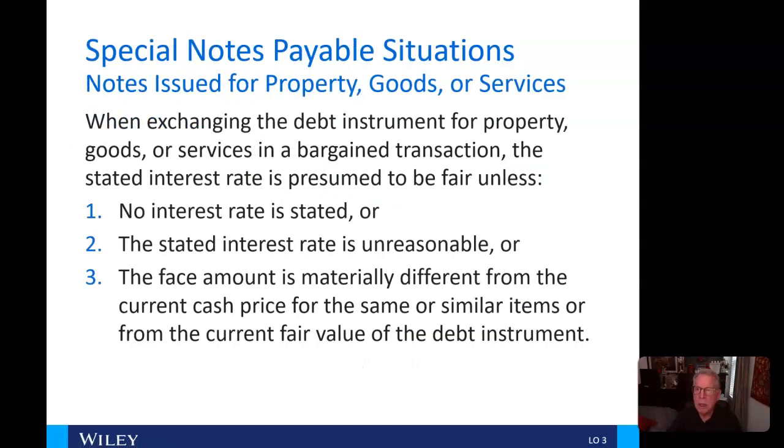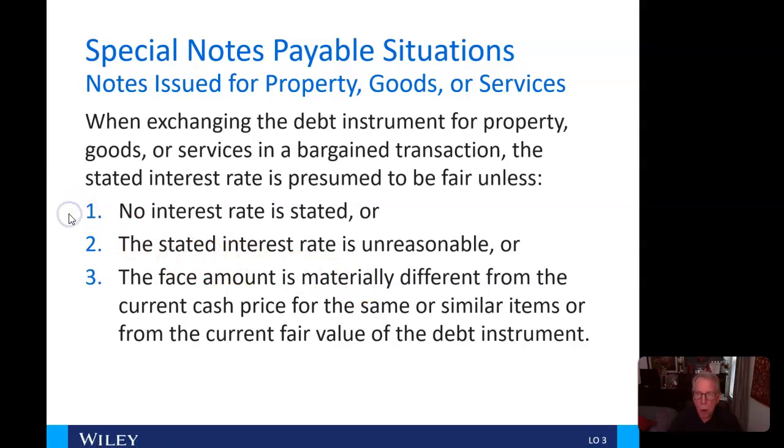Okay, now special note payable situations. When the notes are issued for property, goods, or services, when exchanging the debt instrument for property, goods, or services in a bargained transaction, the stated interest rate is presumed to be fair unless one of these 3 conditions exists.